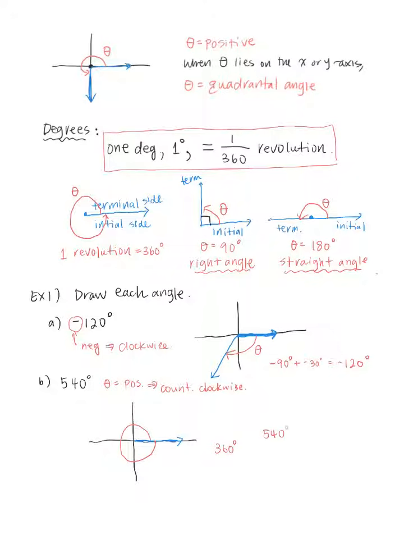If I want to get to 540, and I have already revolved 360 degrees, the remaining is what, 180? So from this point, I need to go 180 degrees more to get to its terminal side. So it looks like this is going to be our terminal side, and our angle theta is what's drawn in red.